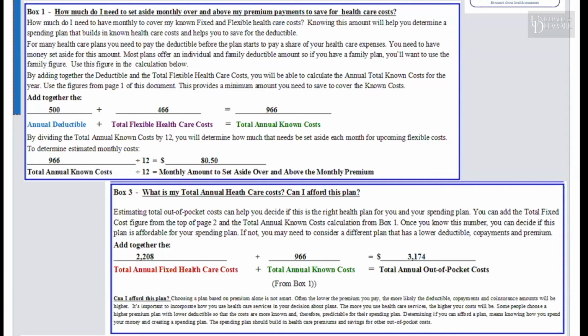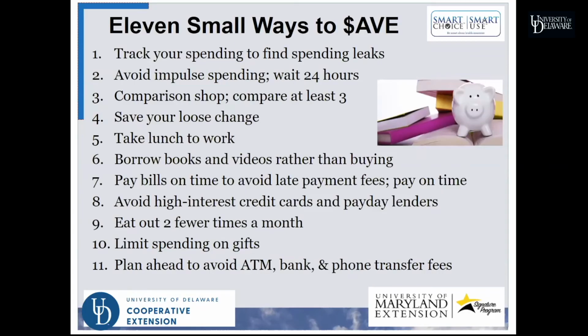Next slide, please. So, some ways to save. Tracking spending to find your spending leaks is a great way to identify some dollars to set aside that could be used for healthcare expenses and other savings goals.